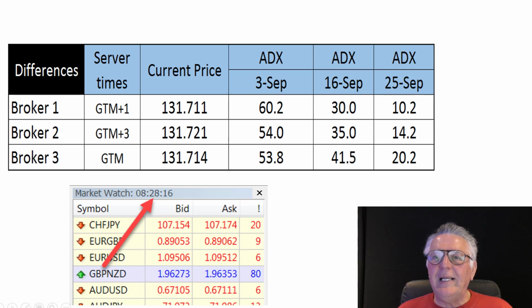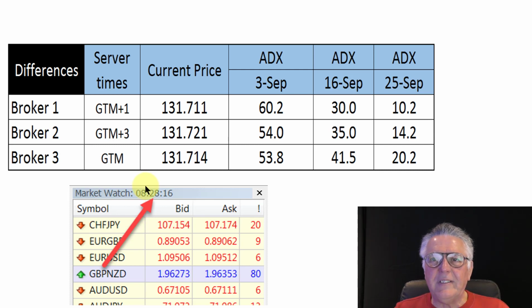Okay, so I've summarized the differences, and firstly, as you can see, there are different GMT server times for the 3 brokers that I'm looking at. So each one has a different server time. Now, the implications of that is that the cutoff times for the various candles, especially the 4-hour candles, would be different.